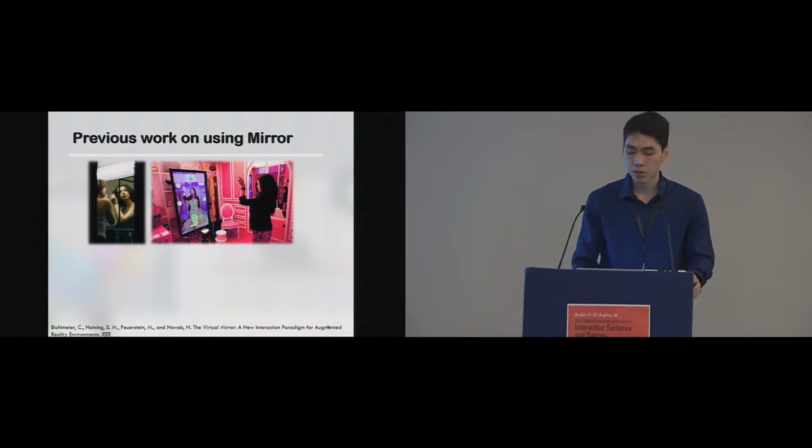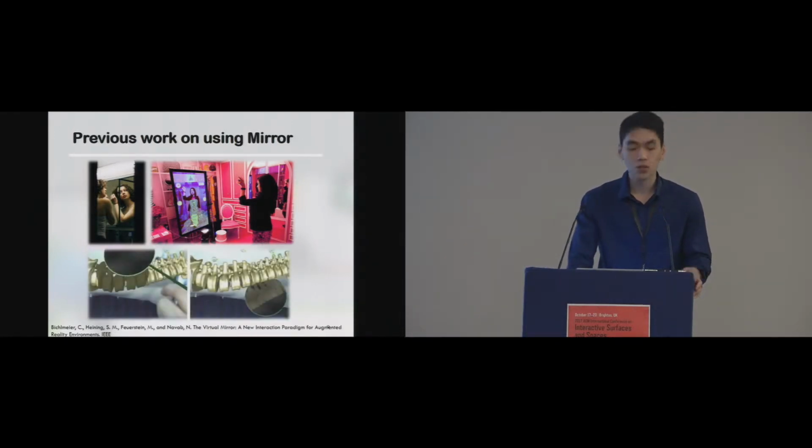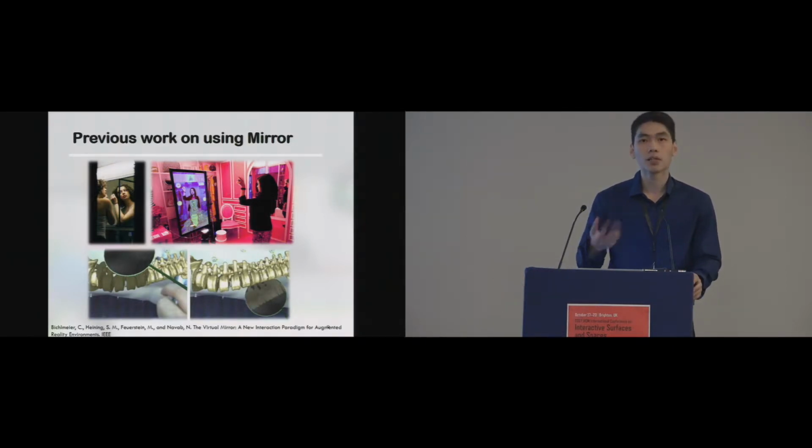In research, Bichlmeier and colleagues use the virtual mirror to provide extra information in a surgery simulator. But most of the previous work uses the mirror to provide extra information for the user. In our case, we try to use the mirror as a 3D interactive metaphor instead.